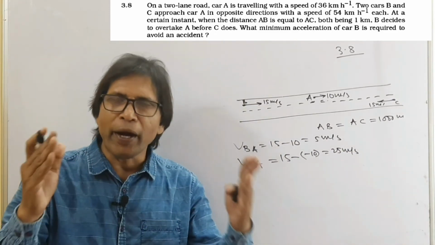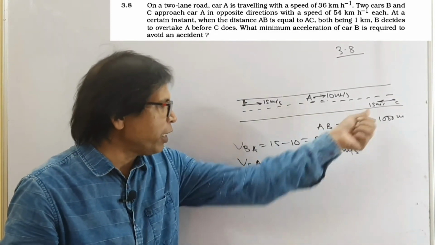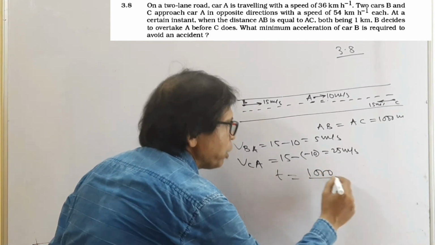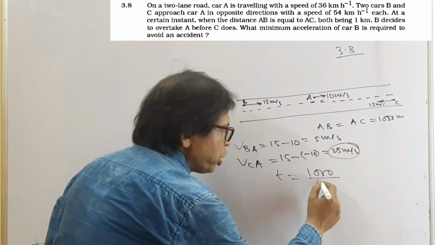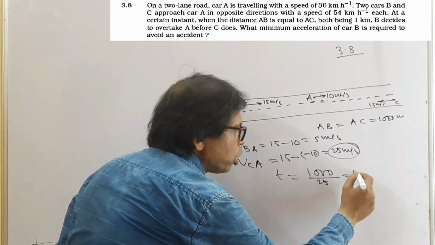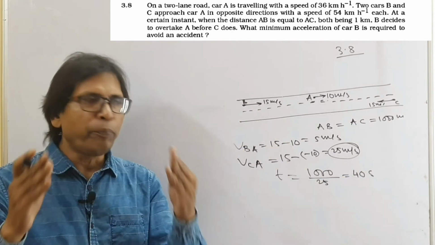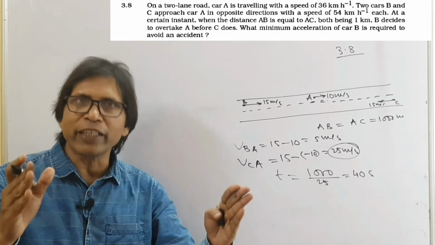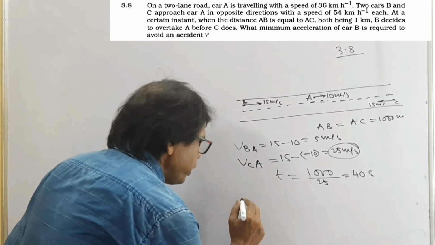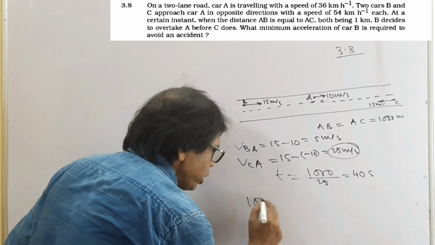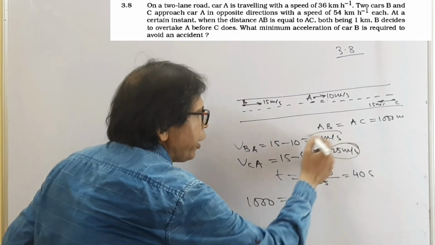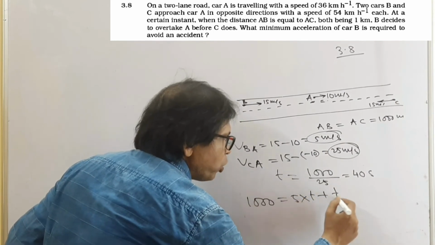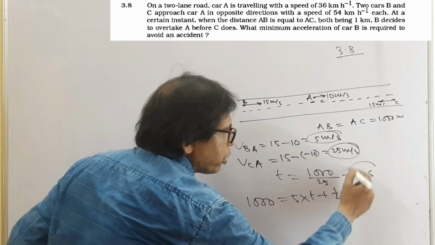So, time for C to overtake A equals distance divided by relative speed. What is the relative speed? This is 25. So this is 40 seconds. B has to overtake A just before 40 seconds. This is the initial distance, this is 1000 meter. Now relative velocity: this is 5 into t plus half into A into t square. T is 40.